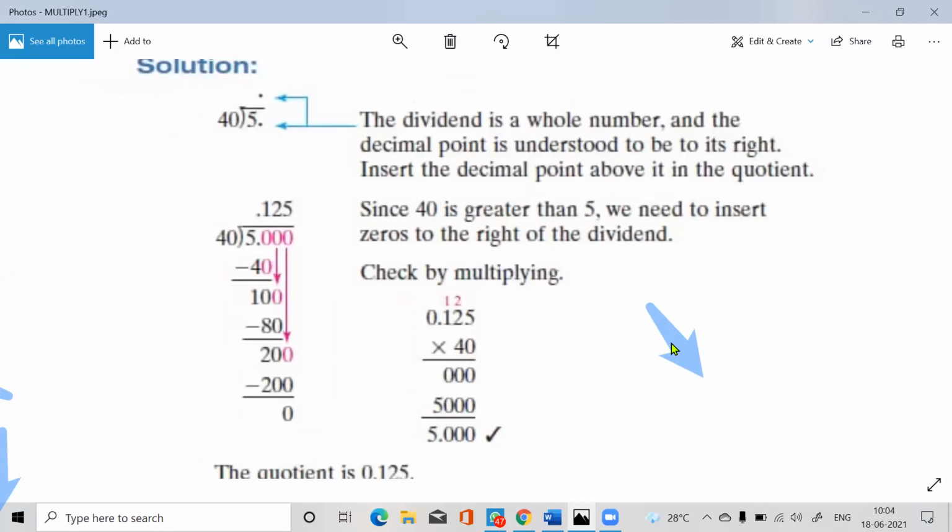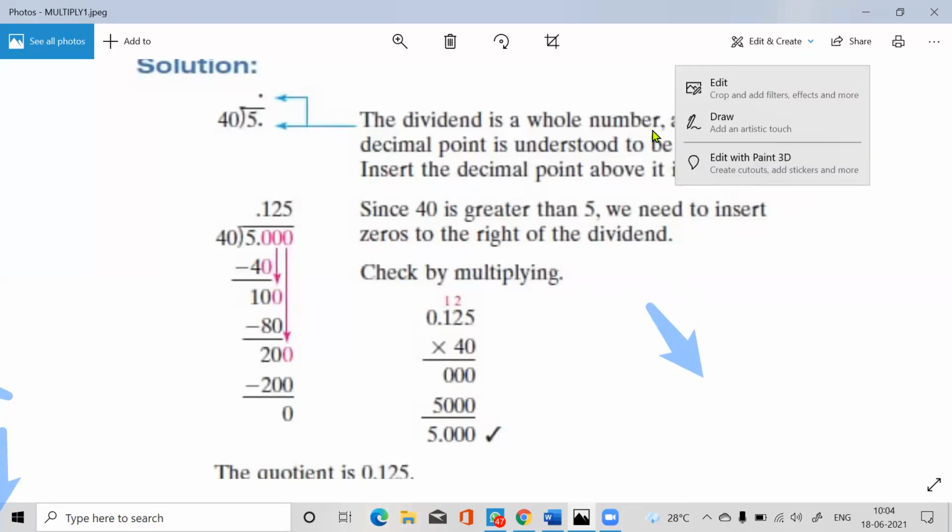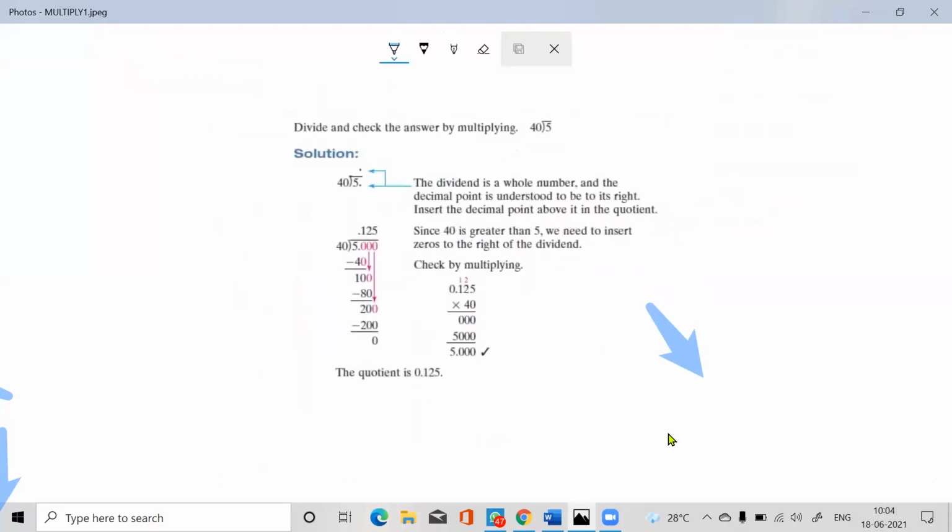Then it will become 50. Now we have to divide it as we divide normally. Is it clear? Okay, we have to divide.